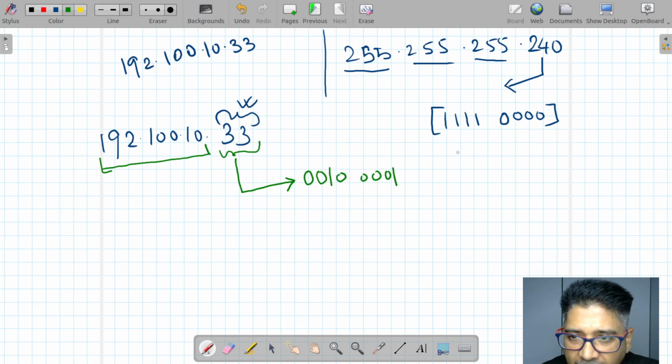Now you have to bring in the network part. The ones belong to network, and the zeros belong to host.